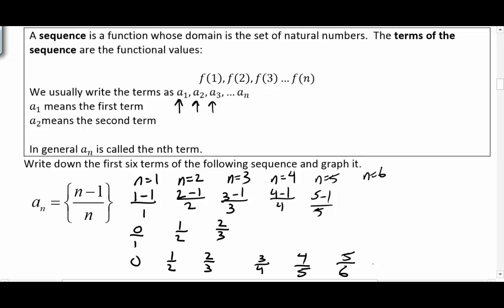Now, if I was to graph that, what would that look like? Okay, so here 1, 2, 3, 4, 5, 6. I'm just going to put a little estimate here. The first number would be 0. The second number would be 1/2. The third number, and this is just an estimate of where 2/3 is, and then 3/4, and then 4/5, and then 5/6.